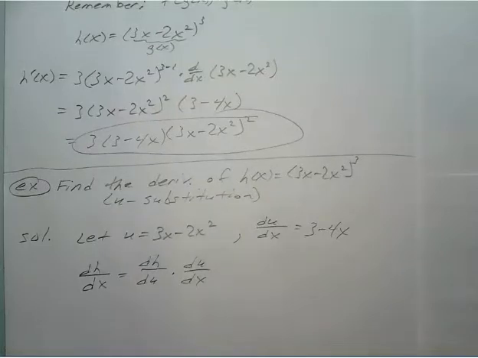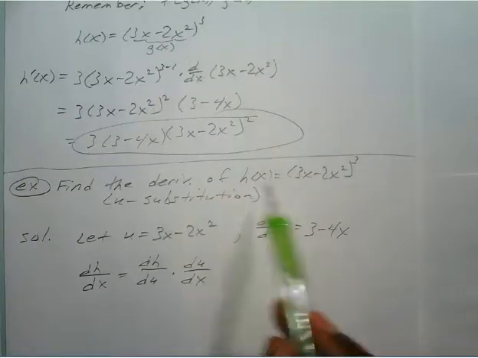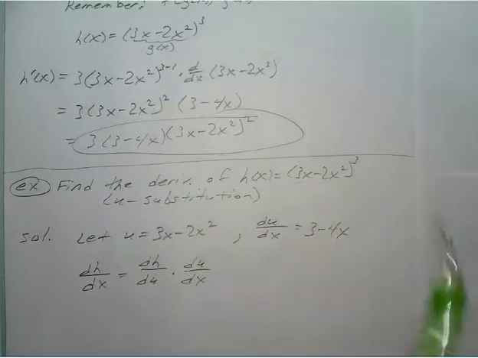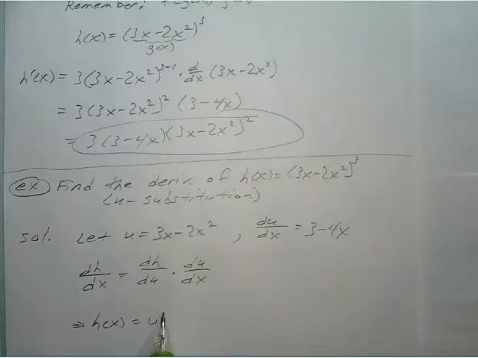So we know that our h(x), since this is equal to u, will now be u to the third power. So really all we did is make the inside equal to u. That's how we got u³.